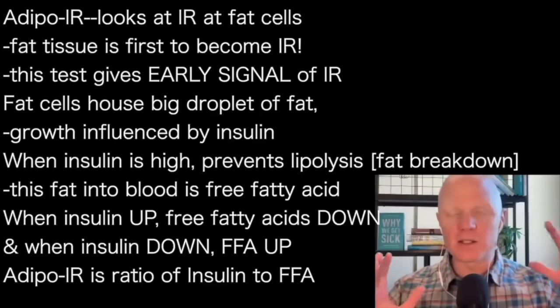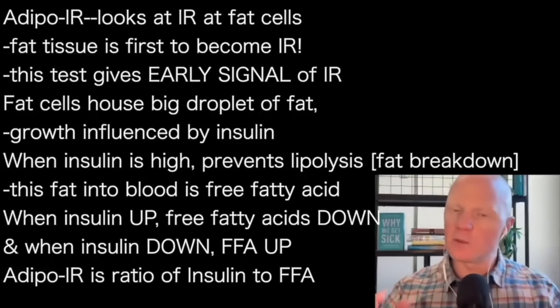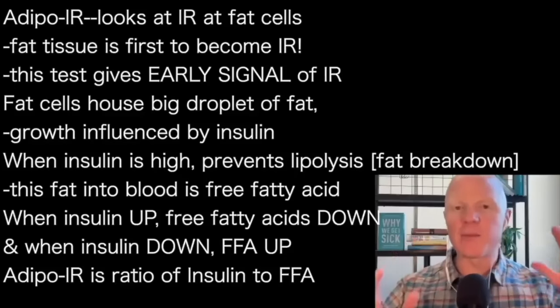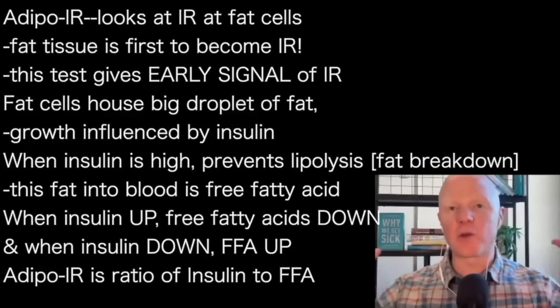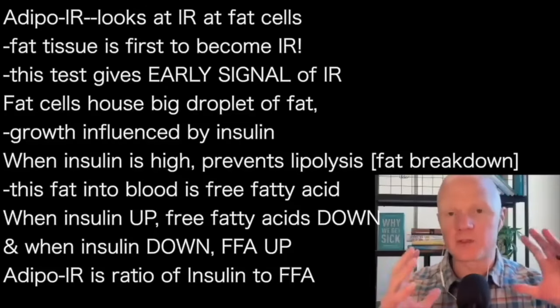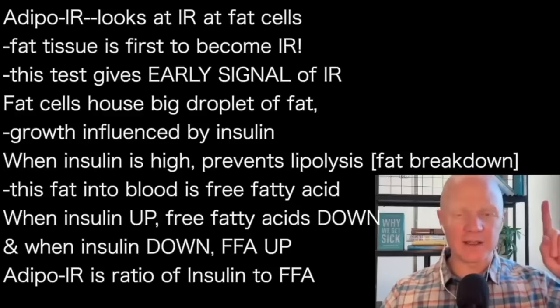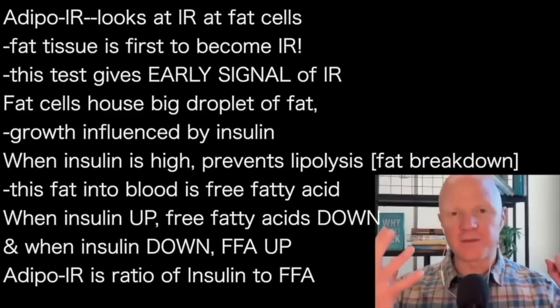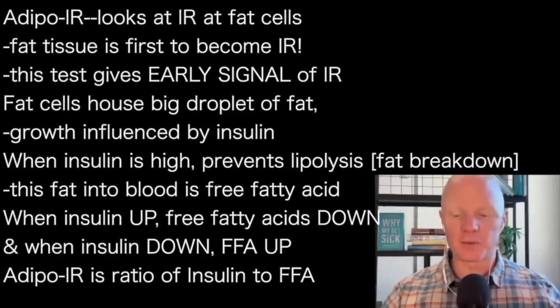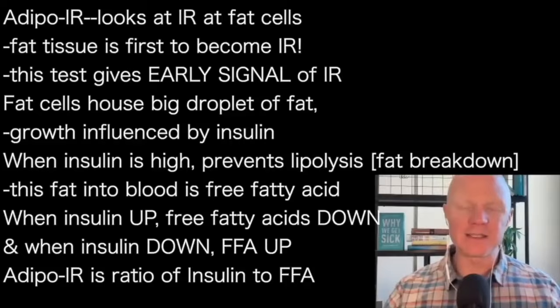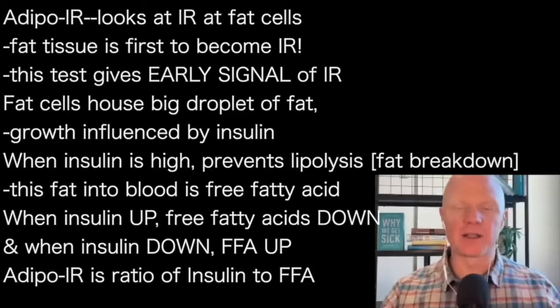And insulin is largely the signal, not the only one, but a primary signal influencing the growing or the shrinking of what's called a lipid droplet, that big bubble of fat within the fat cell. If insulin is elevated, it is preventing the fat cell from breaking down its fat through a process called lipolysis. Insulin inhibits lipolysis.